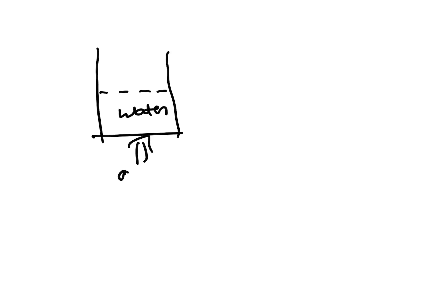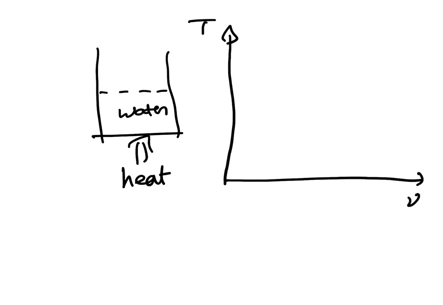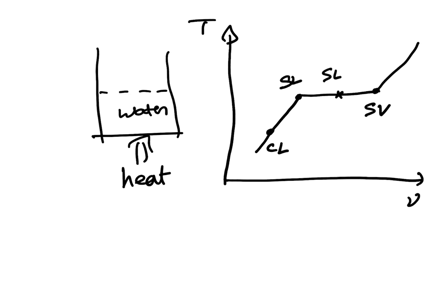Okay, you can use similar equations to those you used for specific volume and internal energy. Now, if you think of a pot of water, let's say you have some water, you supply heat, and if you think of your temperature-specific volume diagram, at constant pressure you start out as a compressed liquid, you reach the point of saturated liquid, you reach the point of saturated vapor by going through intermediate states, which are saturated liquid-vapor mixtures, and then if you keep continuing heating, you will reach the state of superheated vapor.